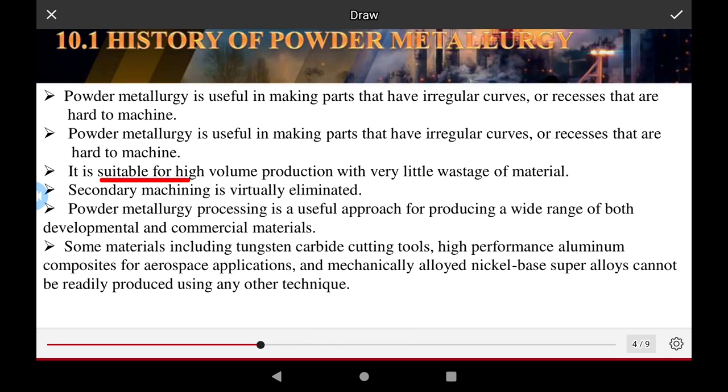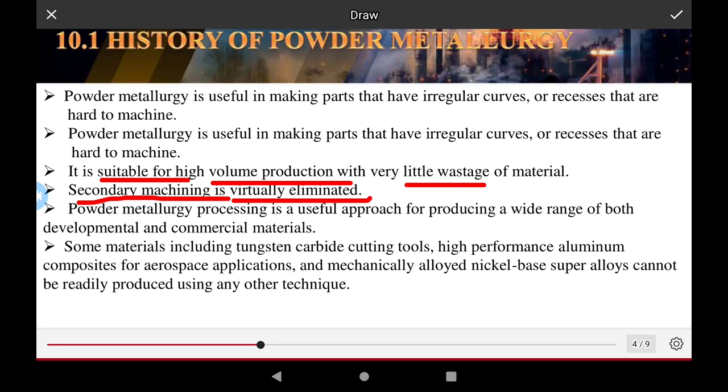It is suitable for high volume production with very little wastage of the materials in the powder. The secondary machining is virtually eliminated.